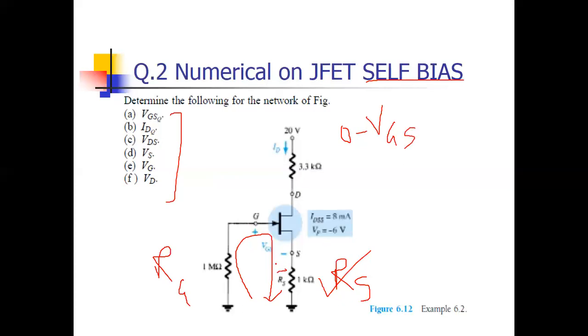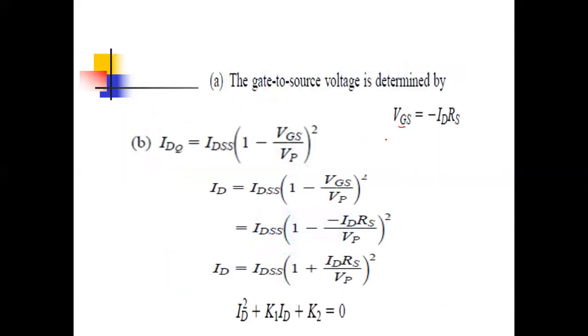Then again, moving from plus to minus, so minus ID RS equals 0. So in this way, VGS equals minus ID RS.